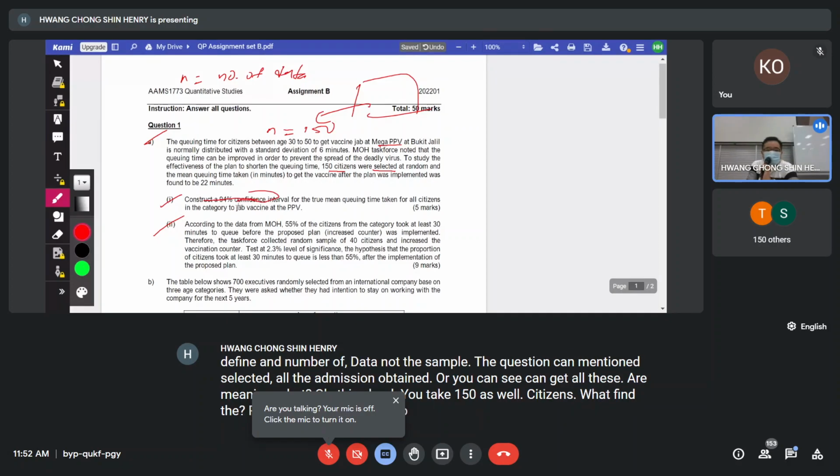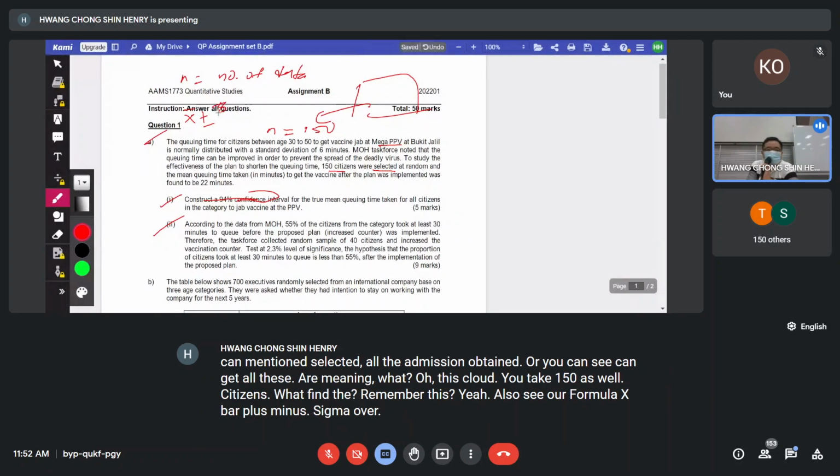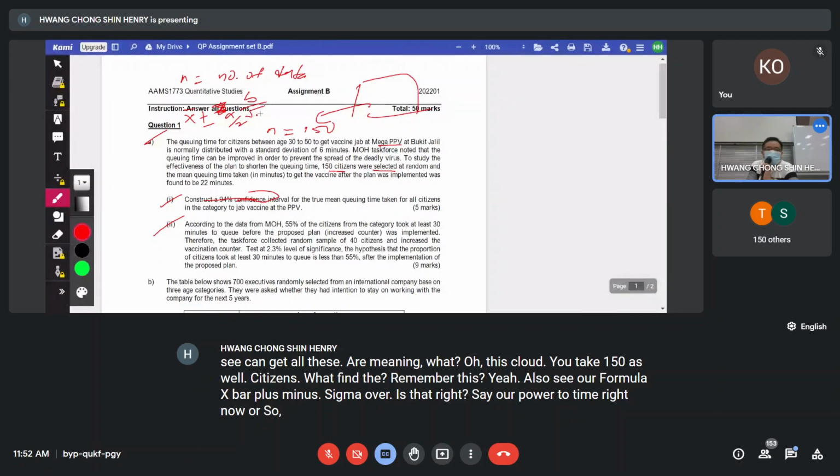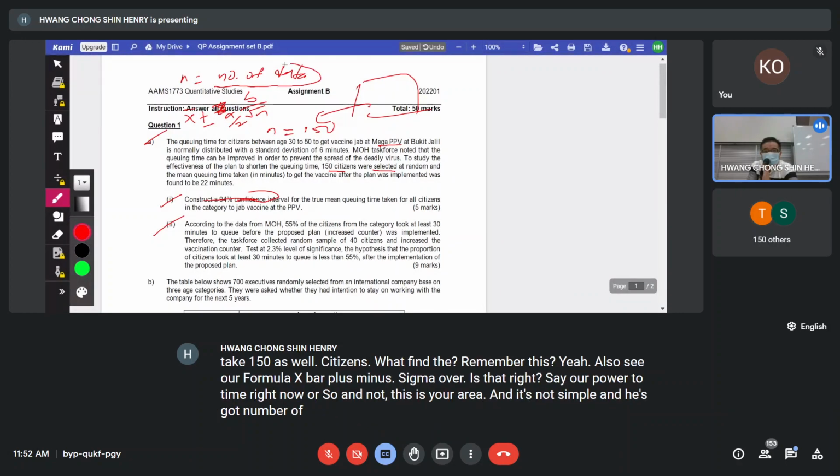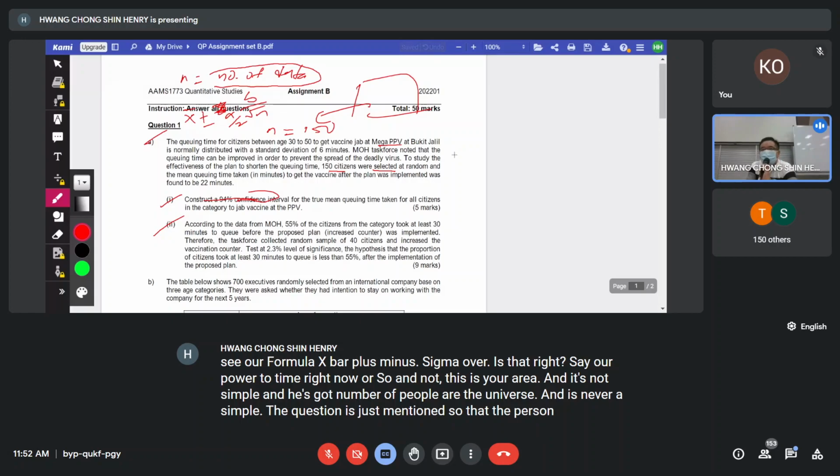What's the CI formula? X bar plus minus Z alpha over 2 times sigma over square root of N, correct? This is your N. N is not sample. N is the number of data. The question just mentioned selected, which doesn't mean it's a sample.